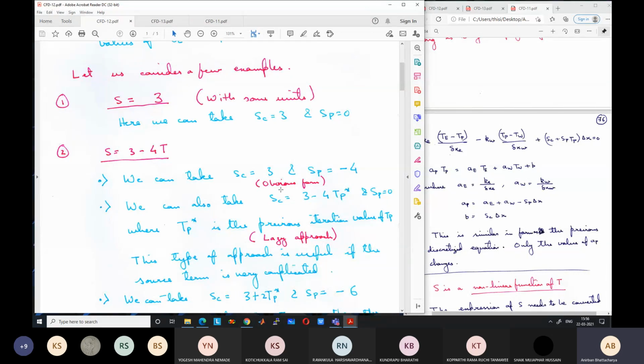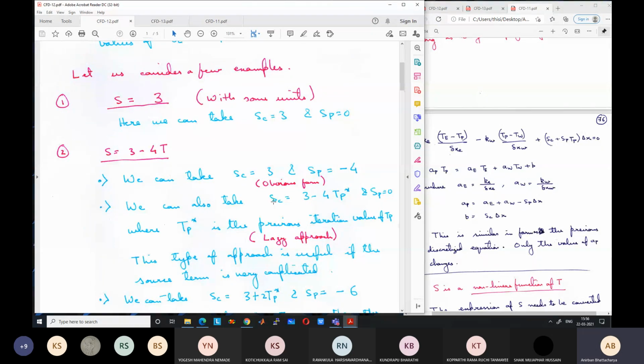If you take this type of source term, you will need to solve using iteration. Why will you need iteration? Because you are using the previous iteration value of Tp star, so you are getting a slightly different value of S. For the next iteration, you will get a new value of temperature, and using that you will get a new value of S, and you will keep on doing that until the Tp star does not change anymore.